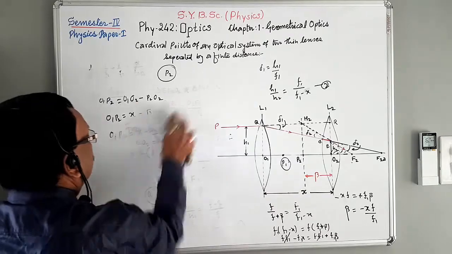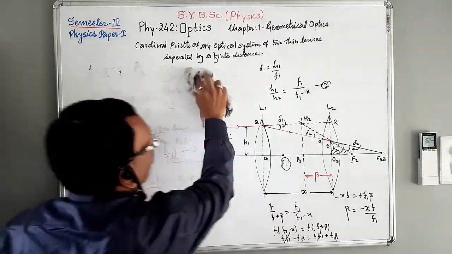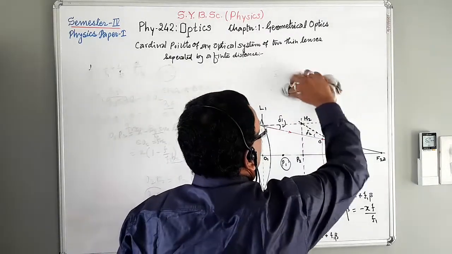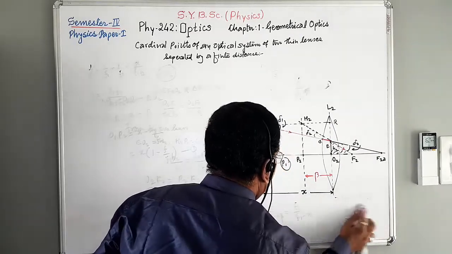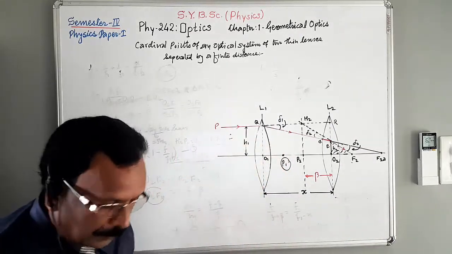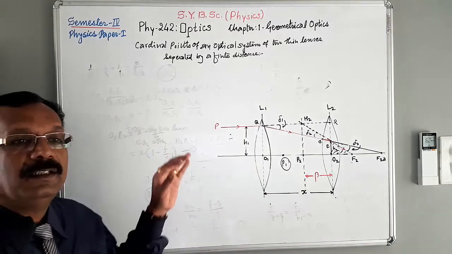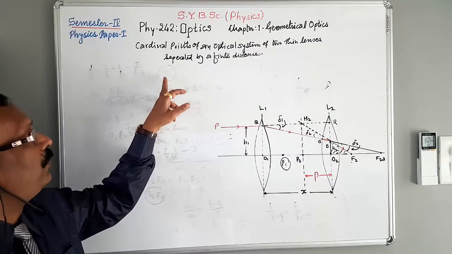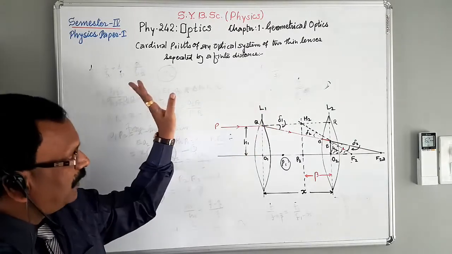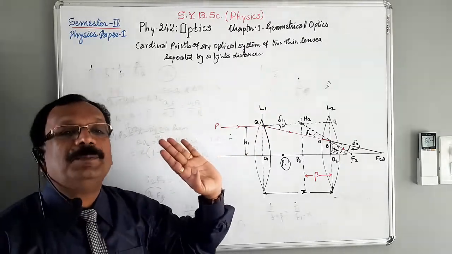Okay. See here. So in order to obtain the position of the first principal point, we already stated the position of the second principal point.